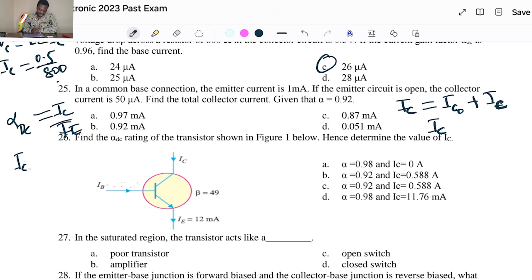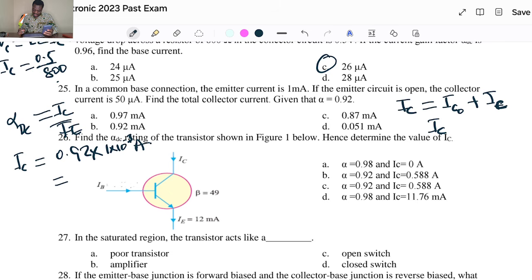So IC is going to be our alpha, 0.92, times the emitter current, which is 1 milli. That is going to be 0.92 times 10 to the power minus 3. So we have this as our current.